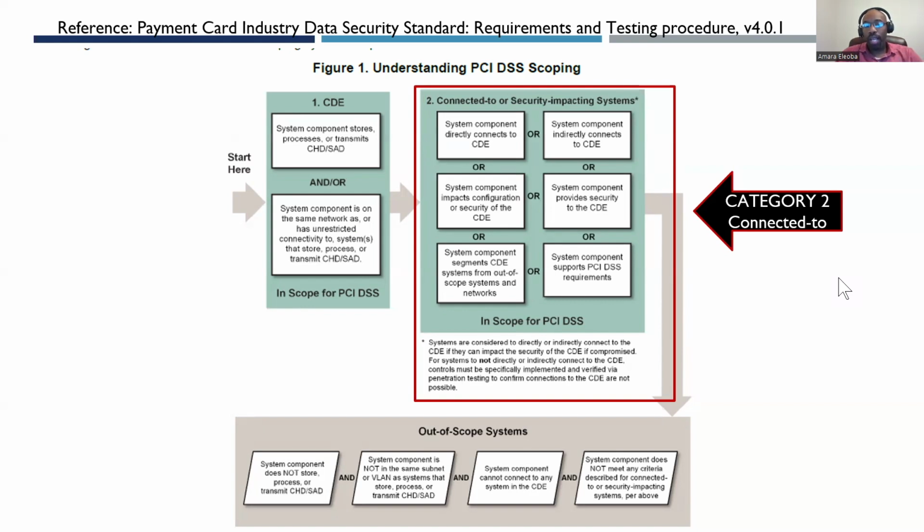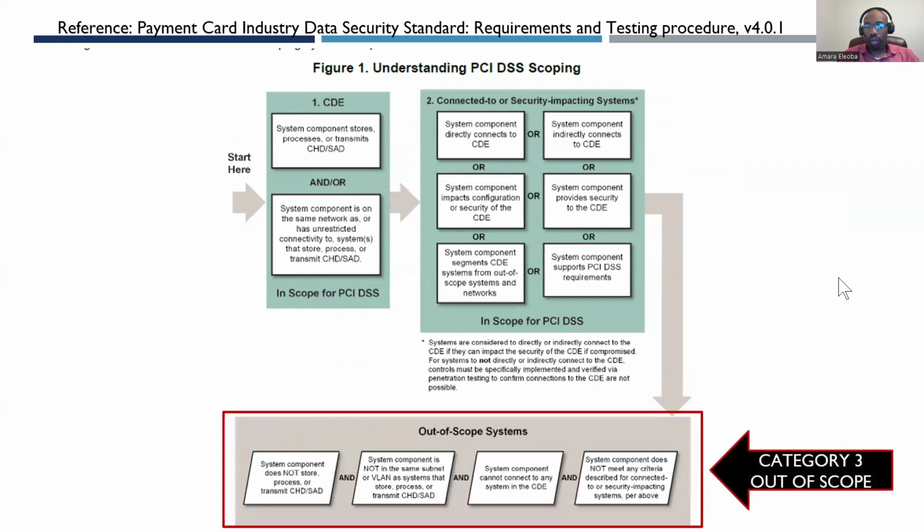Any system that might impact the configuration or security of your CDE, or that provides security to your CDE, or helps with the segmentation of your CDE, or might support any other PCI DSS requirements for your organization. This is called a category 2, also known as a connected-to device, which will be in scope for your PCI DSS. Now, category 3 is what we consider out of scope.